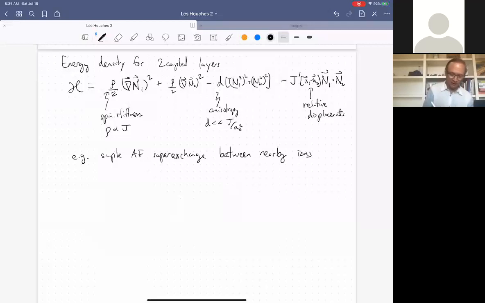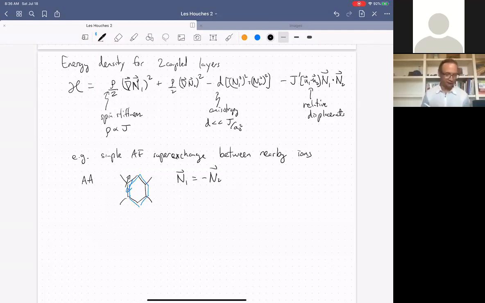In that case, if we have AA stacking, so we have two layers right on top of one another. Okay, I'll draw one layer in black and one layer in blue. You can see that a spin on the black layer wants to be anti-parallel to the nearby spin, the one right above it, on the blue layer. And this clearly prefers N1 equal to minus N2.